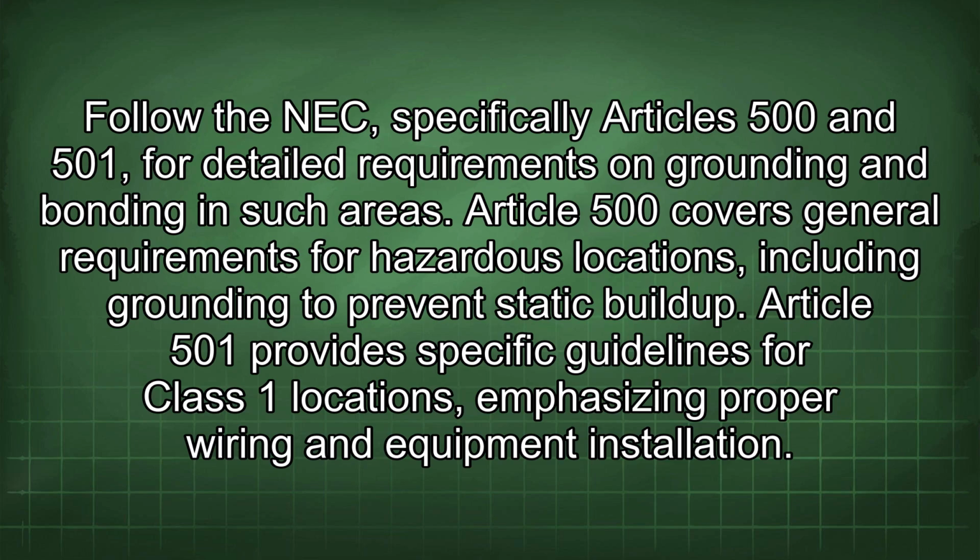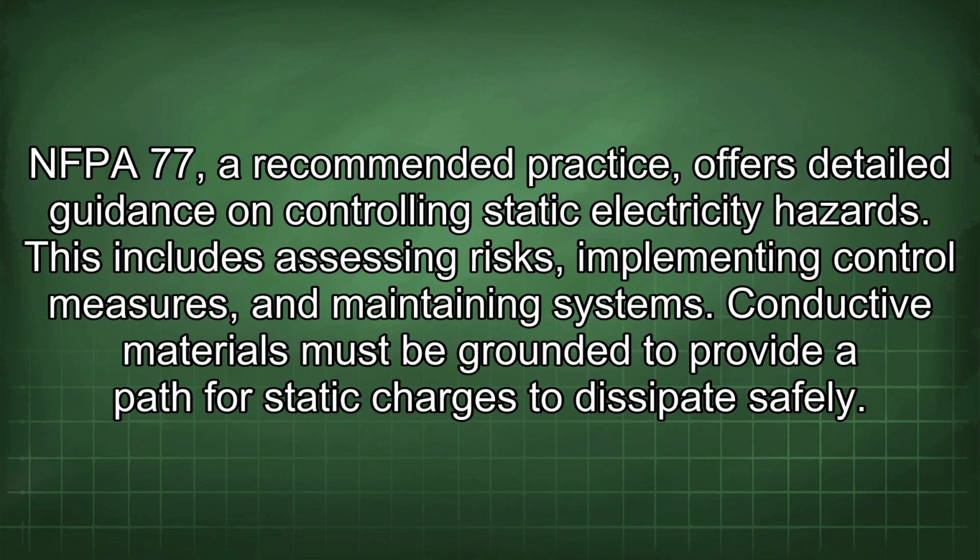Article 500 covers general requirements for hazardous locations, including grounding to prevent static buildup. Article 501 provides specific guidelines for Class 1 locations, emphasizing proper wiring and equipment installation. NFPA 77, a recommended practice, offers detailed guidance on controlling static electricity hazards.